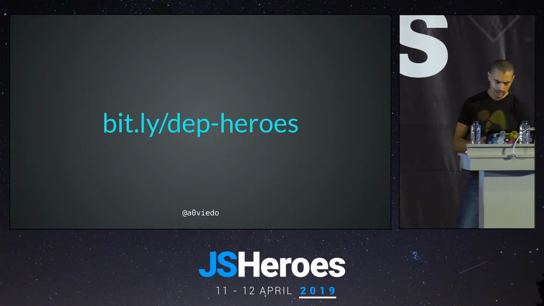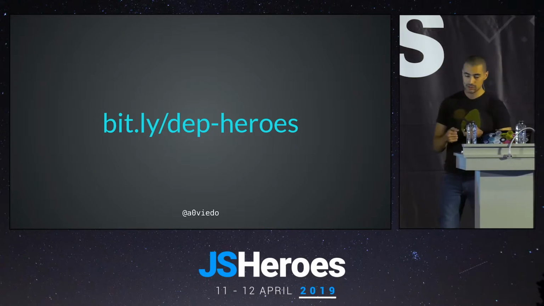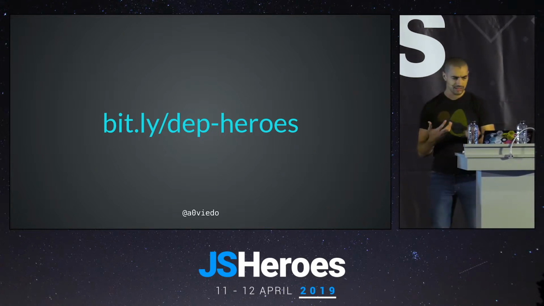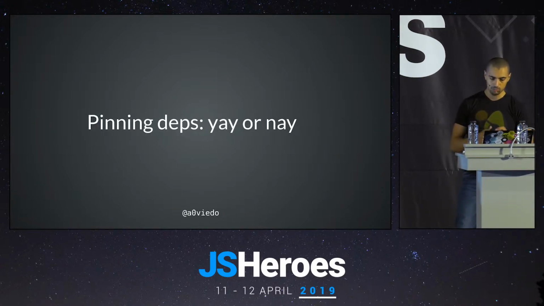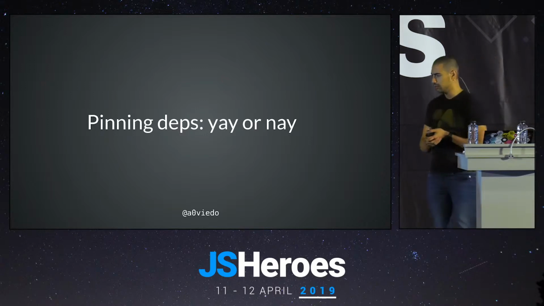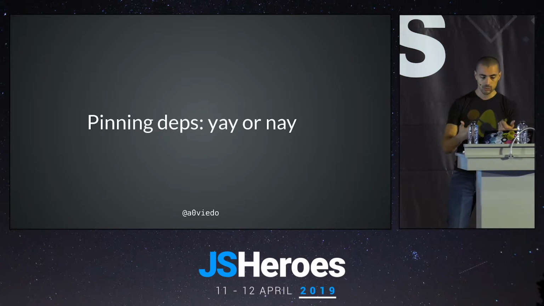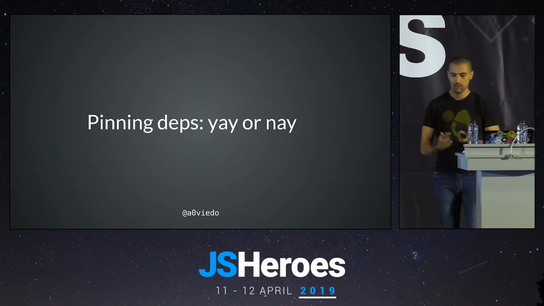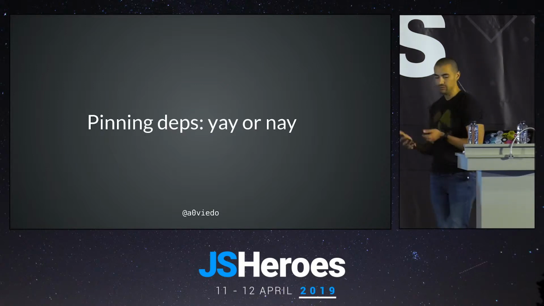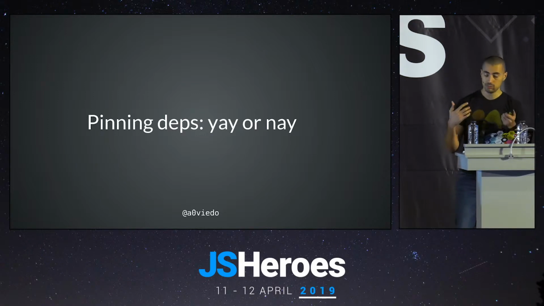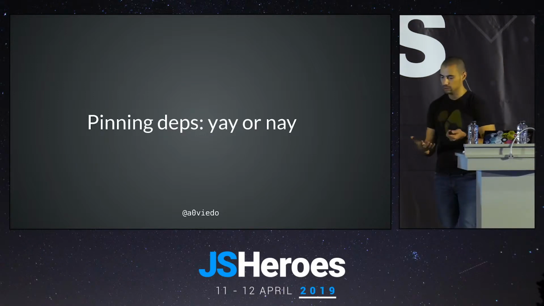I wanted to first start with some misguided concepts about lockfiles and dependencies. Let's go over pinning dependencies. I heard that a lot of you like to pin your dependencies, which is great. I won't say it's something bad, but I wanted to display a graphical explanation of the result that you get when you pin your dependency.